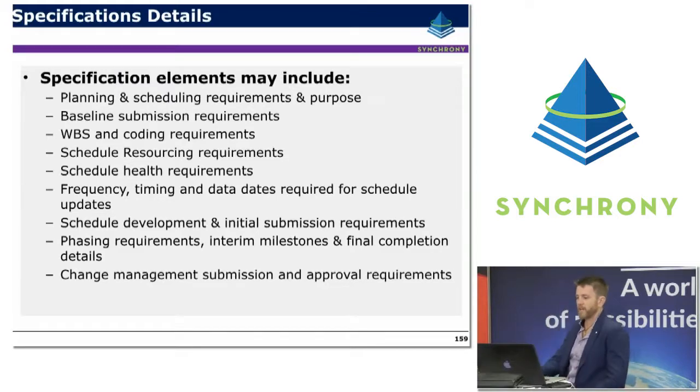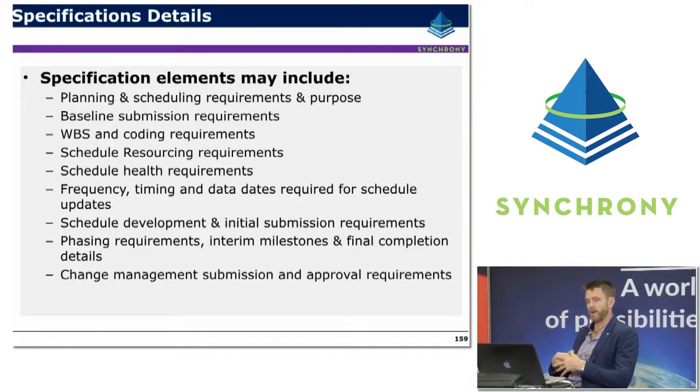And so specification elements might include all sorts of things such as planning and scheduling requirements, baseline submission durations and requirements, review requirements, WBS requirements. So it's fairly common for an owner or a client to have a level of detail that they require as mandatory for work breakdown structure, and it might be so that this can fit more seamlessly within the owner's work breakdown structure.